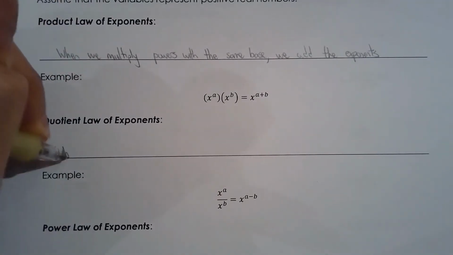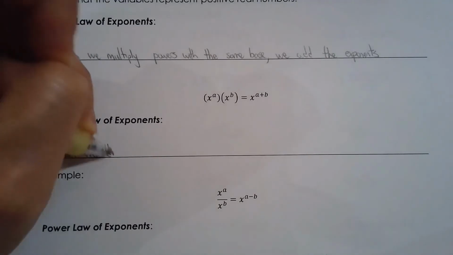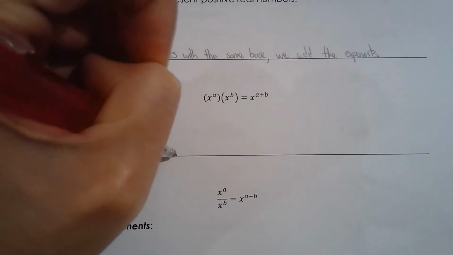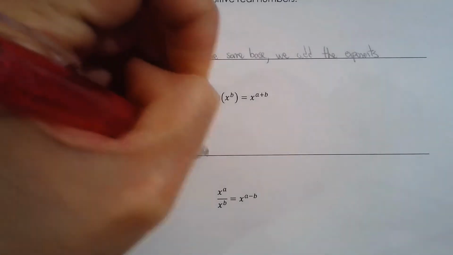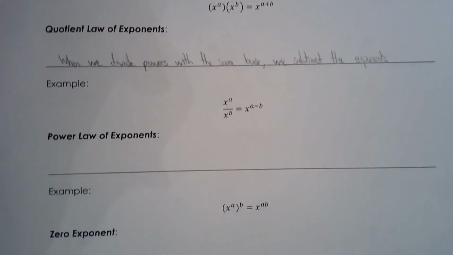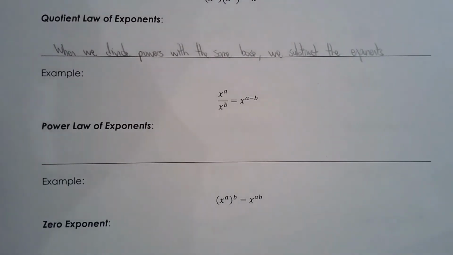So when we divide powers with the same base, we subtract the exponents. Okay, power law. So this is the third grade 9 exponent law. So product law, quotient law, and now power law.